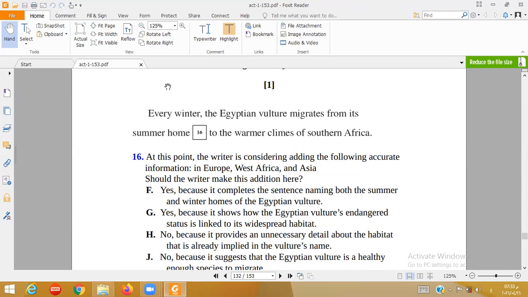Basically, it's a bird. All right. I will try to find a picture for it so that you can get to know what I'm talking about here.